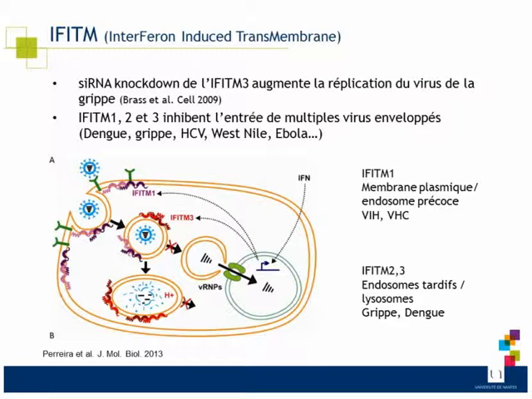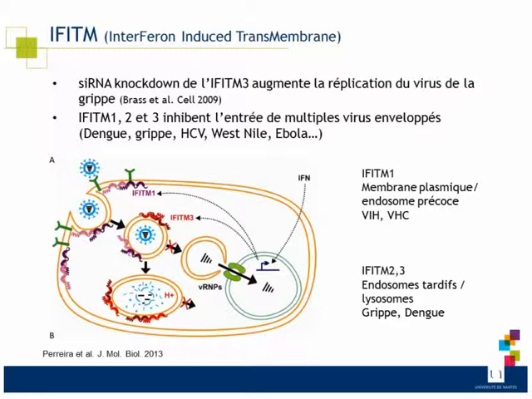Their idea was to have a large-scale screening, knock down all the genes in the cell one by one, and then infect those cells with influenza virus. When influenza couldn't replicate, that meant that the gene they knocked down was a cofactor. Except that they found one gene where, when they knocked it down, influenza virus replication was increased. So they thought, okay, this is a restriction factor. When it's present, it limits influenza replication.